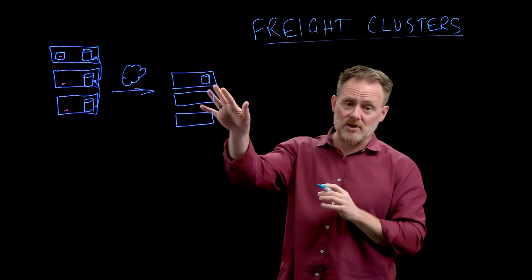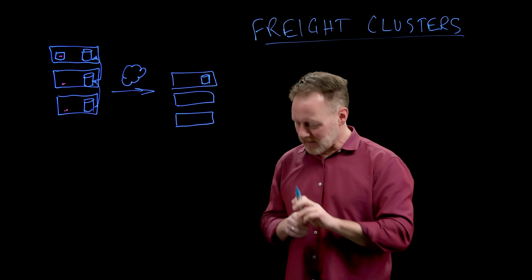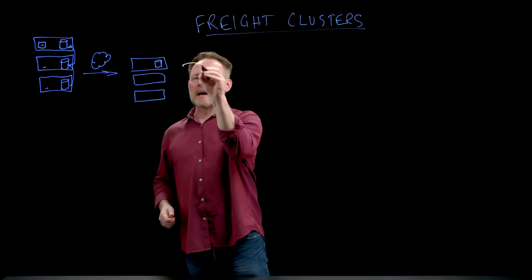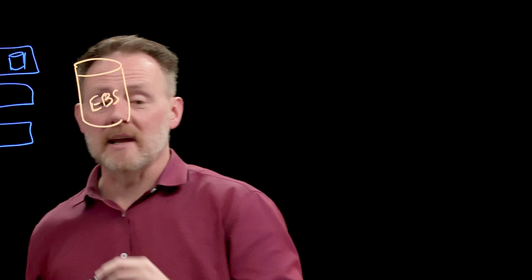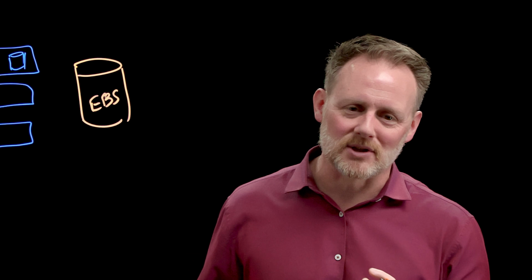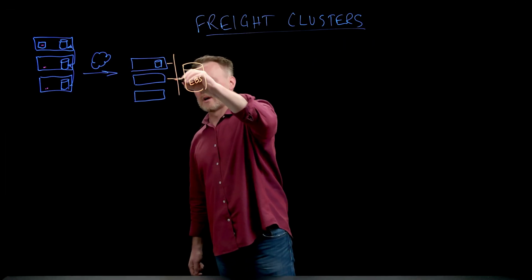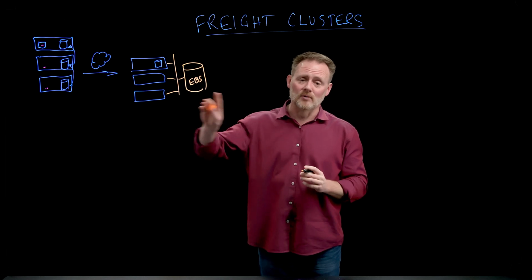That might be a disk actually in that computer running in the cloud, but more likely we're going to have what we call in AWS elastic block storage, or network attached disk, or maybe an array of disks. So now this is on a network, and those instances are talking to the storage over a network.